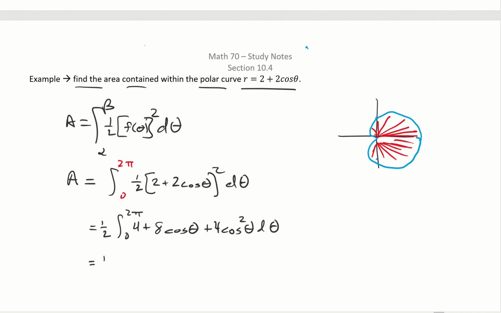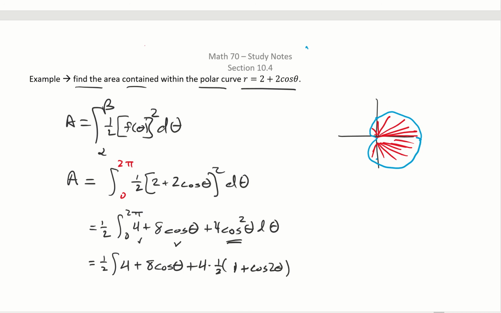It's 1/2 integral, so it's almost good to go. We can integrate 4. We can integrate cosine, but what do you do here again with cosine squared? Think about it. It's an identity. It's plus 4 times 1/2, 1 plus cosine 2 theta.